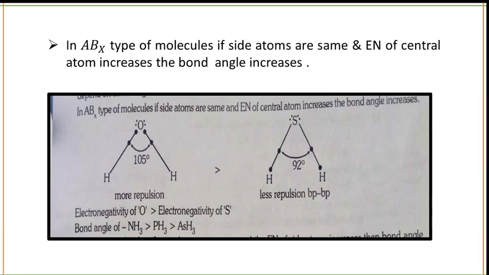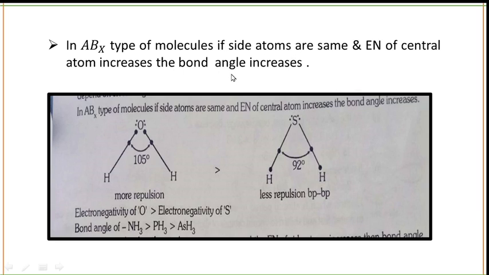For example, in case of an AB2X type of molecule, if the side atoms are the same, as you can see in this particular example, the central atoms are different, oxygen and sulfur, while the side atoms are similar, hydrogen and hydrogen.